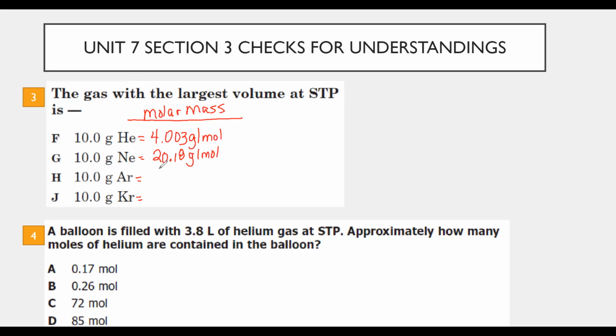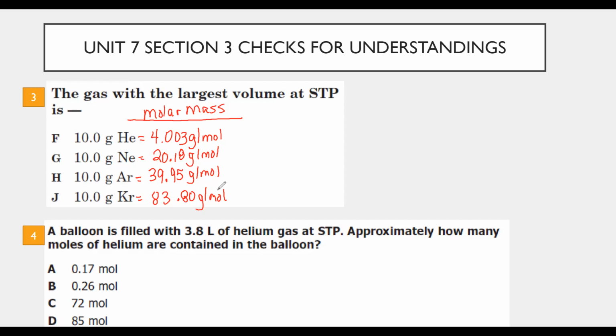Again, these are just the atomic masses on the periodic table. Argon is 39.95 grams per mole. And then krypton, if you look at the atomic mass, is 83.80 grams per mole.